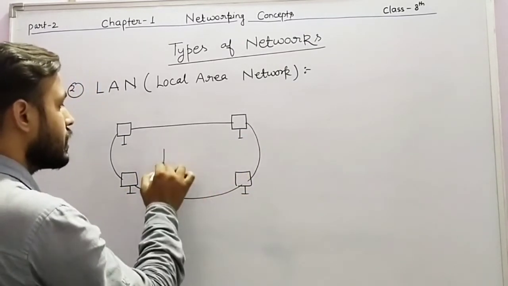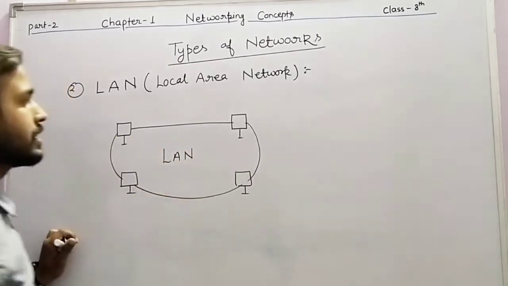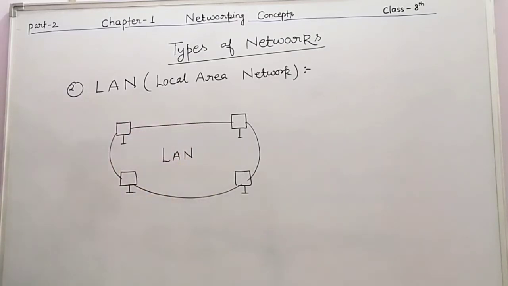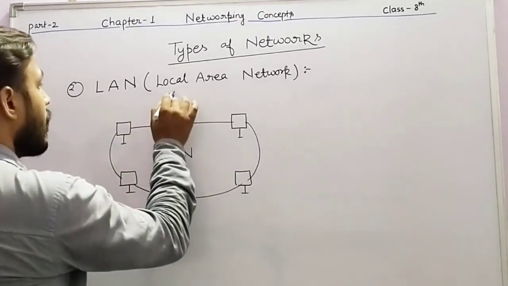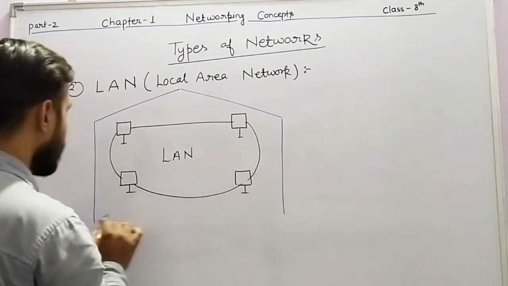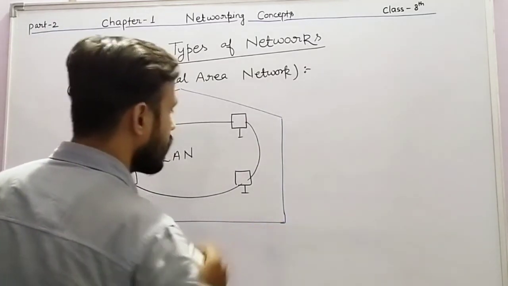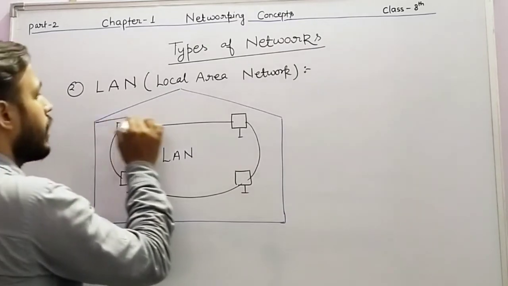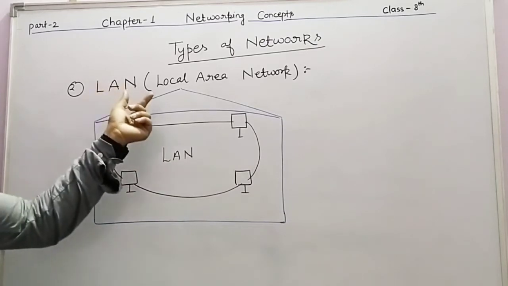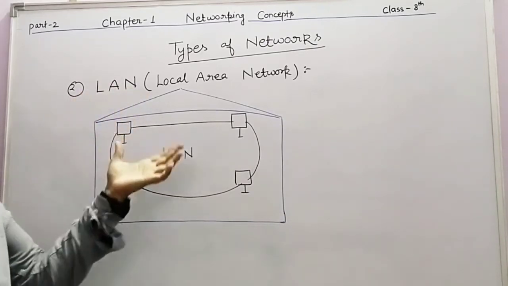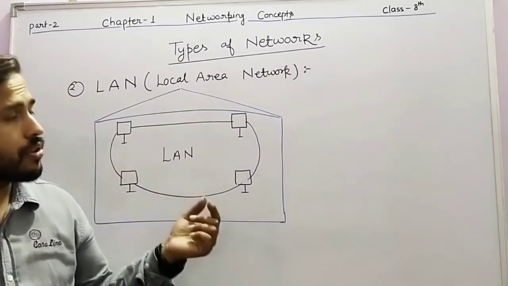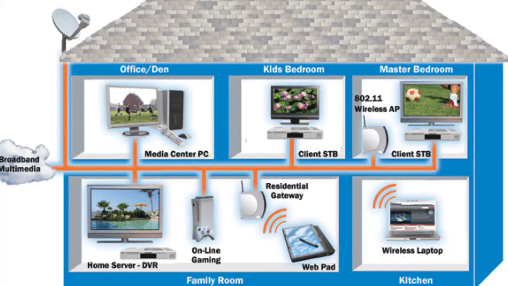So this is a LAN connection, because all these computers are in a home. So we can say this type of network is a local area network.